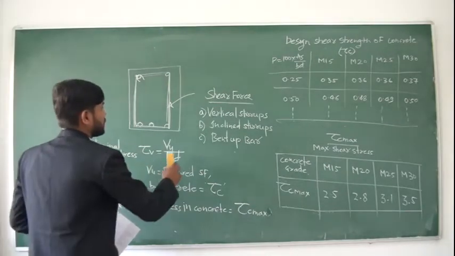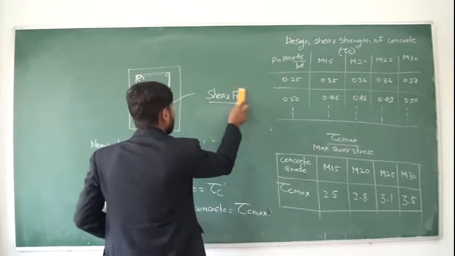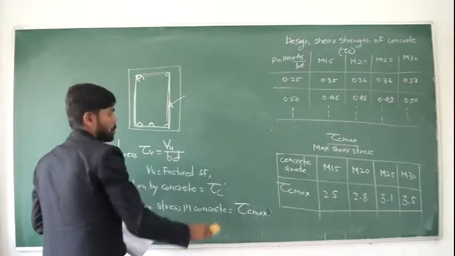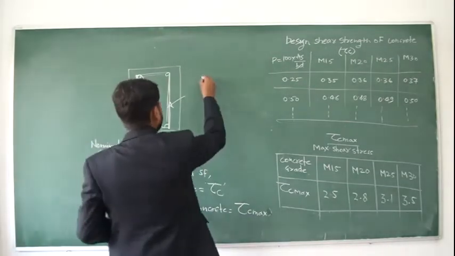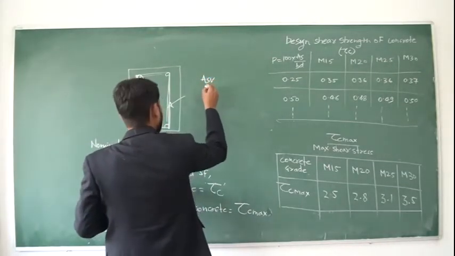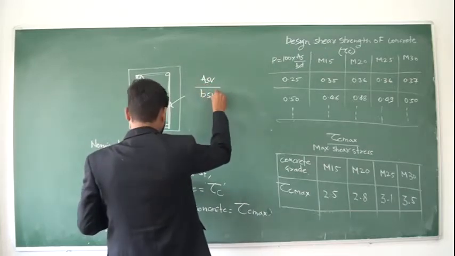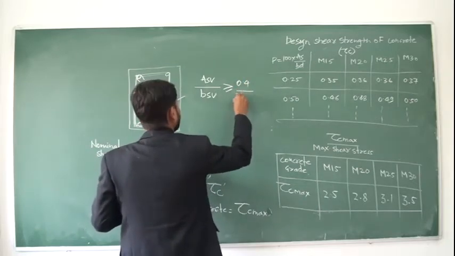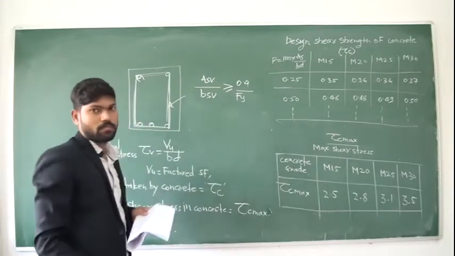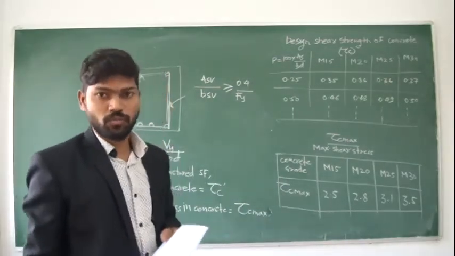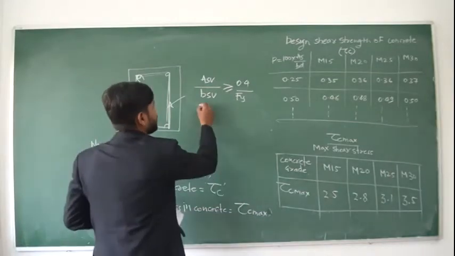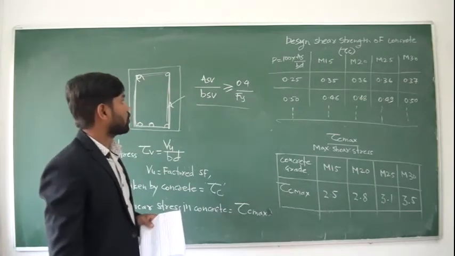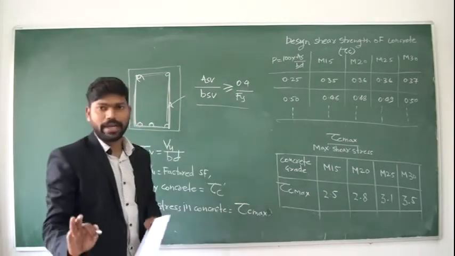The minimum shear reinforcement required as per IS 456 in a beam is the value which satisfies this equation: Asv divided by b into Sv should be greater than or equal to 0.4 divided by fy. I will elaborate the terms.